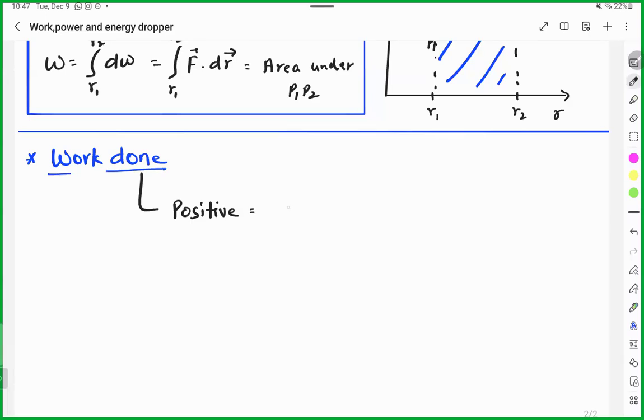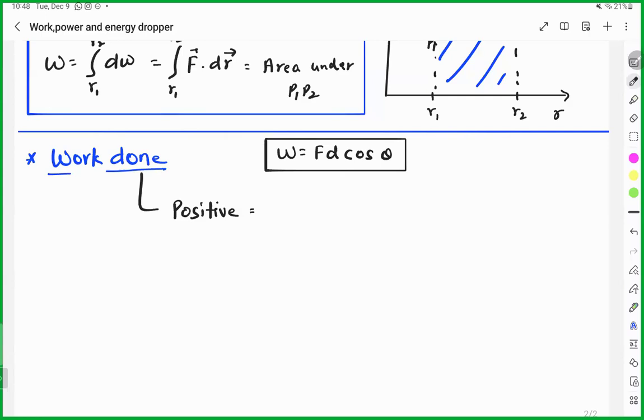See, one of the important things is the angle, because we know work done is equal to force into displacement and angle. So angle is the most important thing, right? We are talking about whether it is positive or negative.